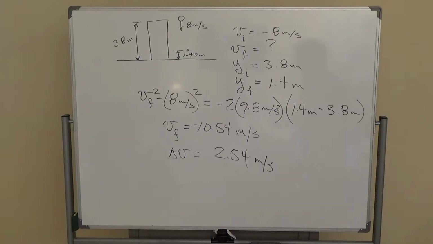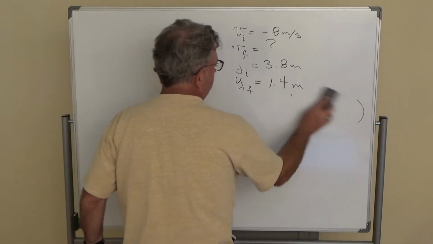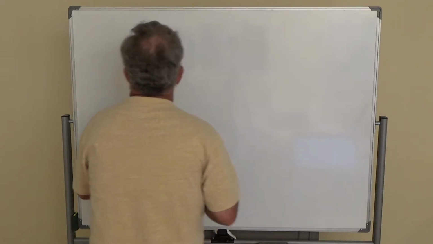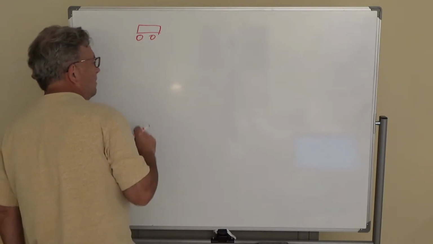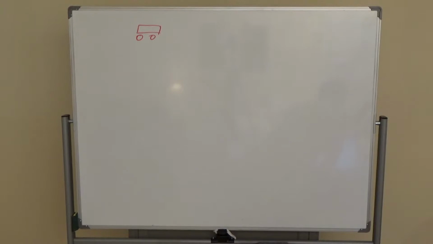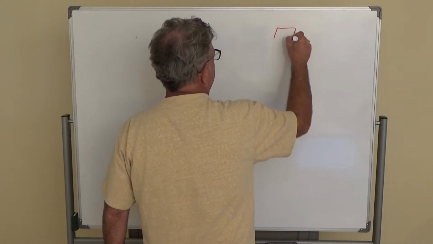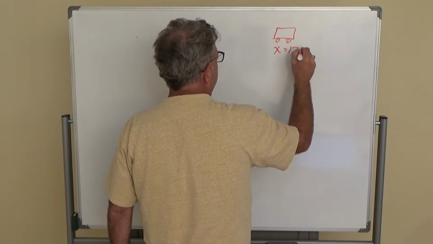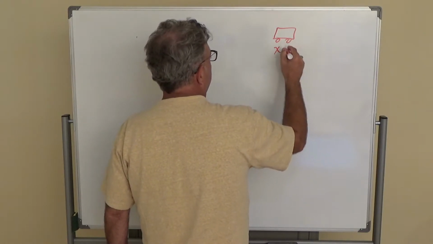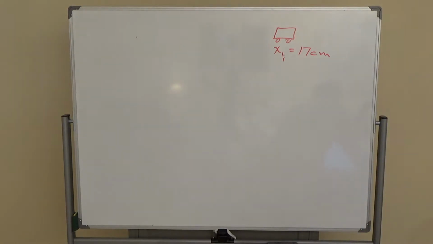So let me draw this. There's one car, and it starts out at 17 centimeters, with velocity negative 4.2.